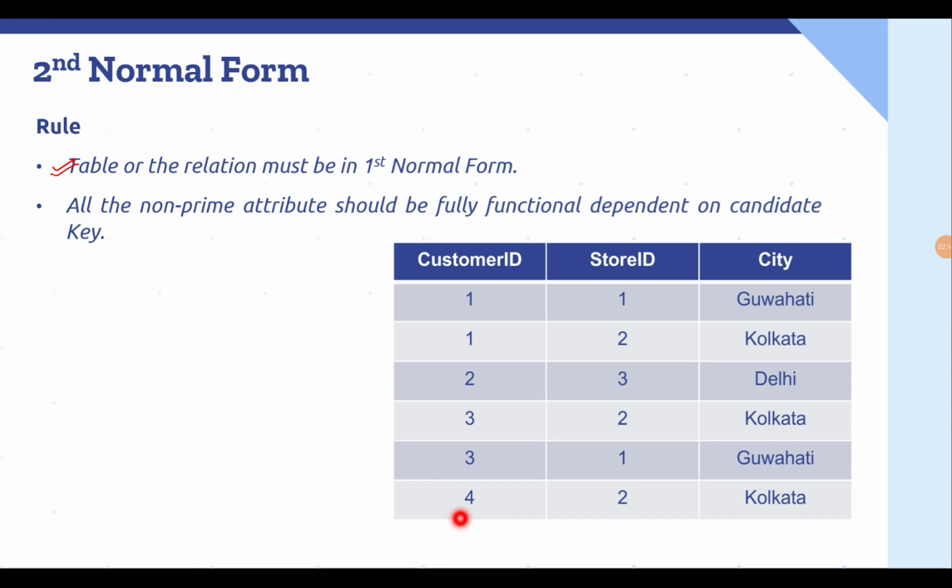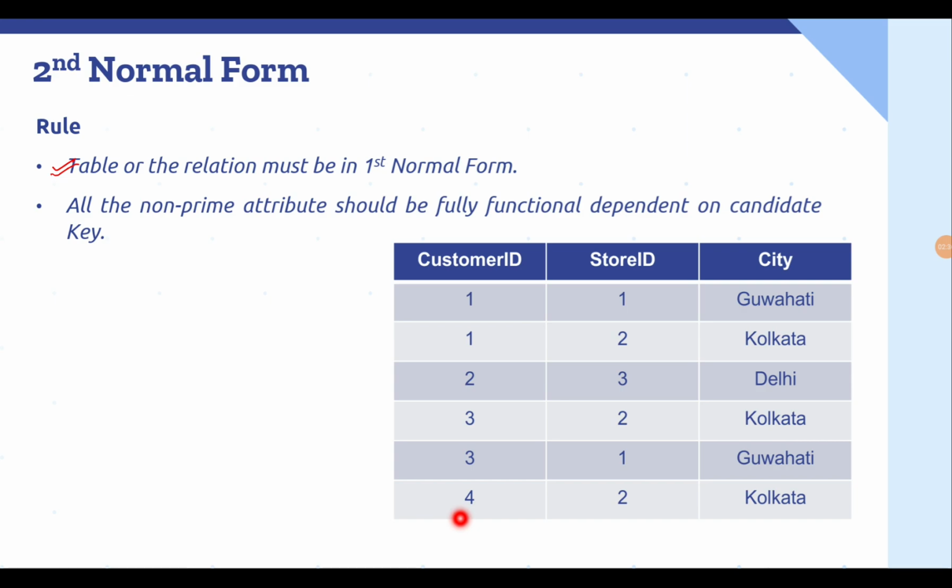The third approach was splitting the table so that each table contains a primary key or key attribute which can uniquely identify the value, and the city value is different under different rows. So that was the first normal form.